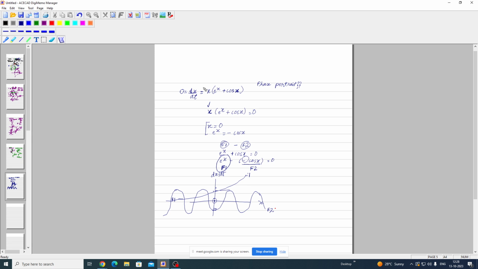So we have one fixed point here, one fixed point here, somewhere here, one fixed point here, and we have infinite fixed points to the left. So you see, we have so many fixed points.